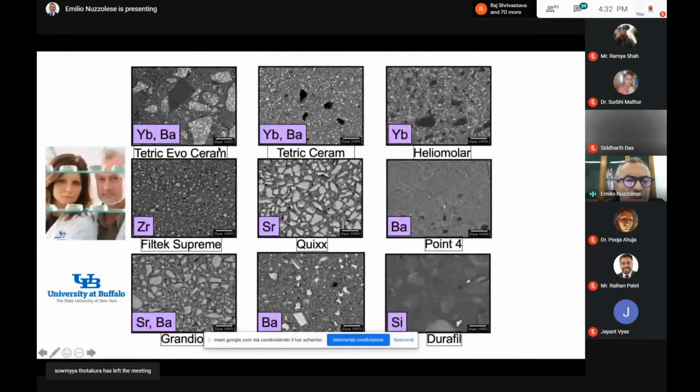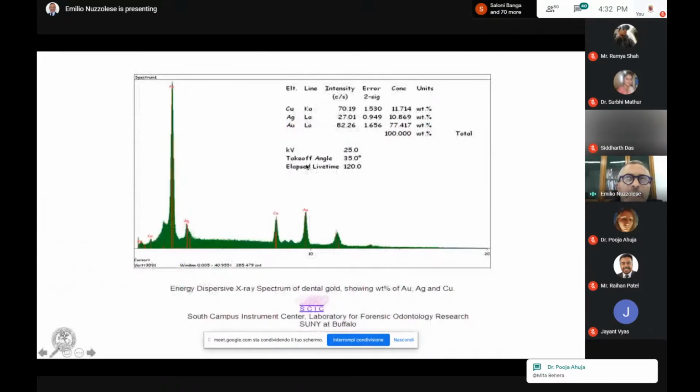If you enlarge the fragment of the specimen that you have collected from the unidentified human remain, you can have an idea of what this composite is and what is the brand of this composite. Here you see the result, the energy dispersive X-ray spectrum of the alloy.